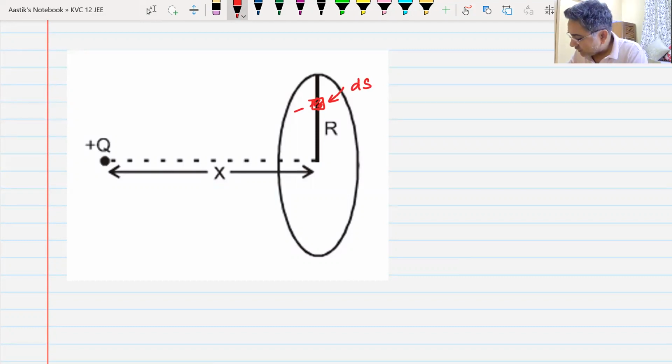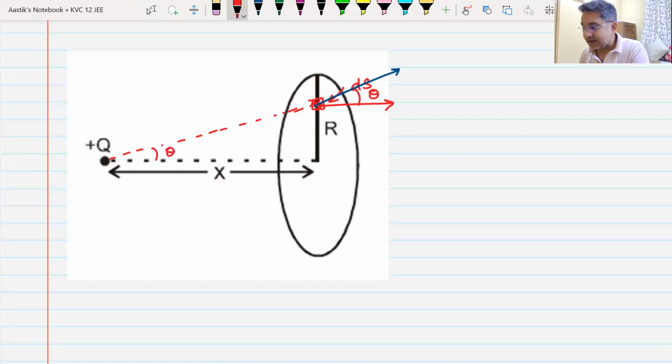Then I'm going to join this area by a line to the apex. The area vector of this small area will go like this, and this line will go like this, so I will get an angle theta here. This angle theta will be equal to the angle theta here.